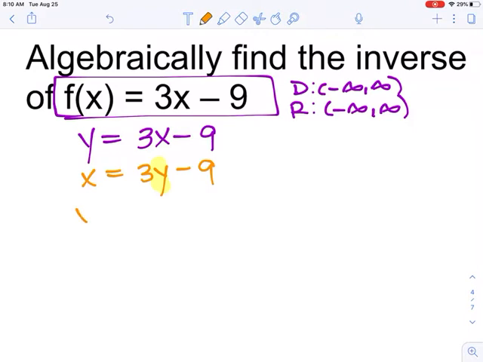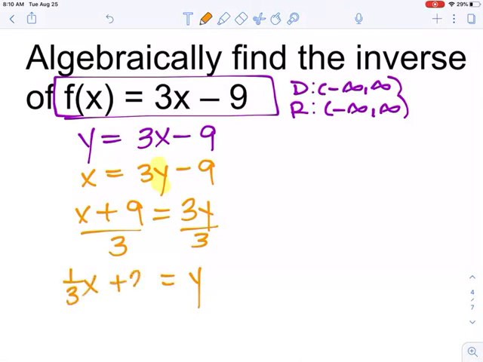So if we switch x and y, we have this right here, and then my expectation is that you go ahead and solve for y. So to solve for y, we would have to add 9 over, and then we would have to divide by 3. So what I would want you to write is 1/3 x plus 3.